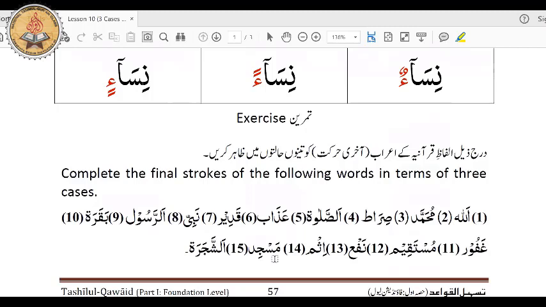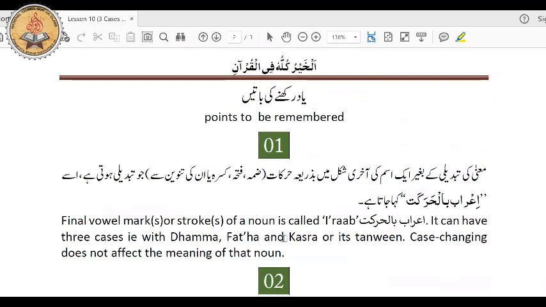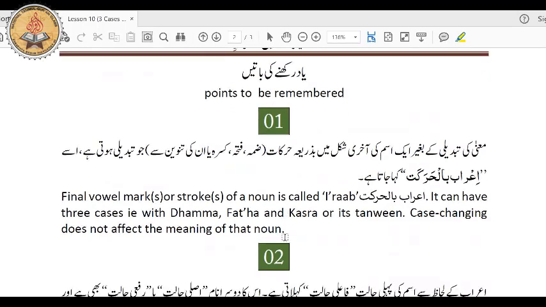So this is what you have to do, and next we come to the points to be remembered. Now, as I said, this lesson is short, just to introduce you to a new concept. So the first is that the final vowel marks, one or two strokes of a noun, is called i'rab.